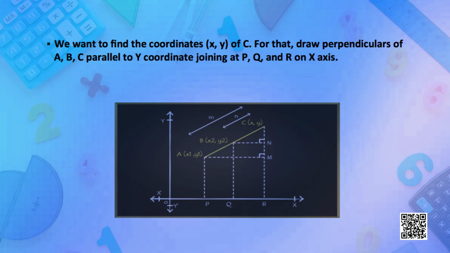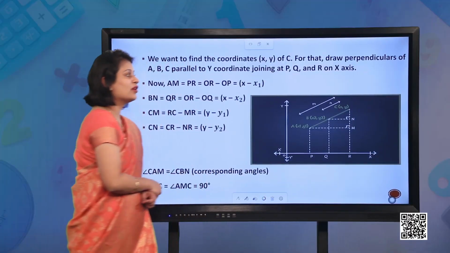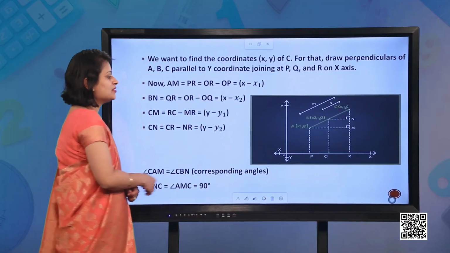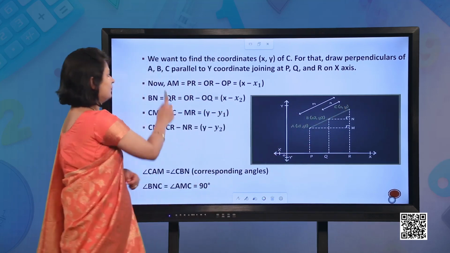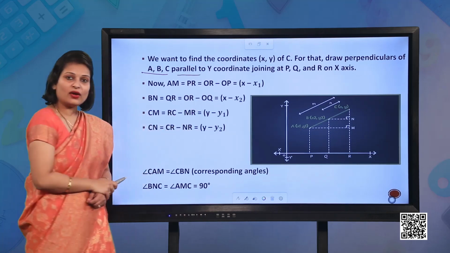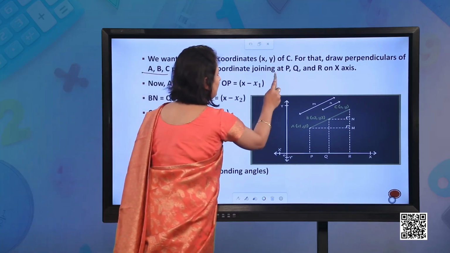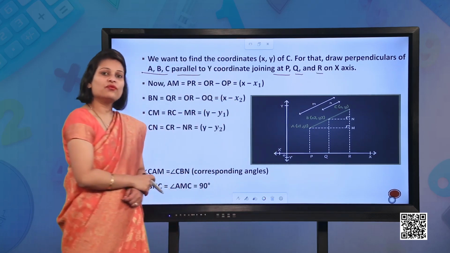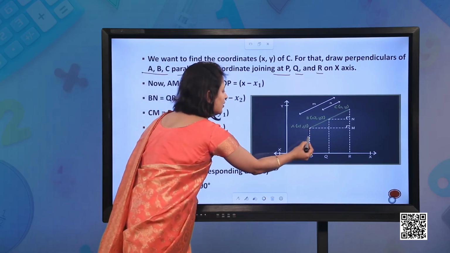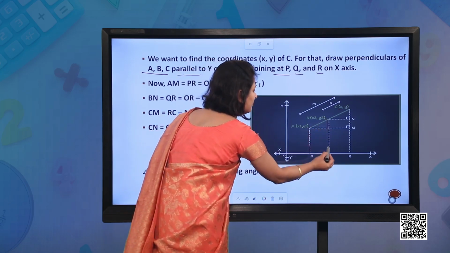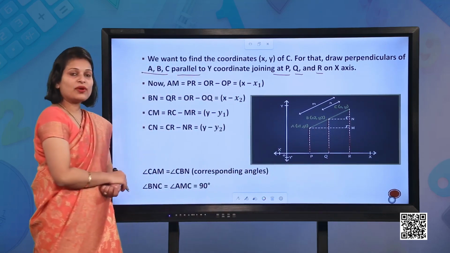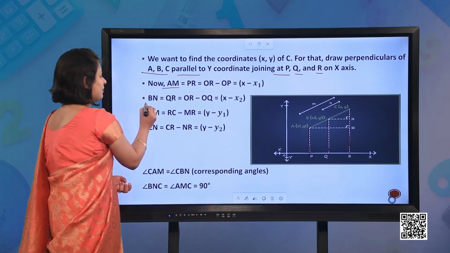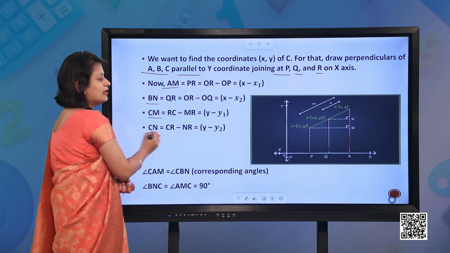Now we need to find the coordinates (x, y) of C. For that we draw perpendiculars from A, B and C, parallel to the y axis, meeting the x axis at P, Q and R. As you can see, AP, BQ and CR.